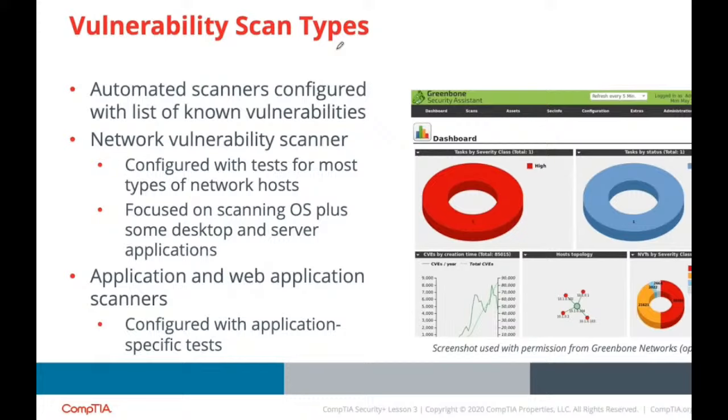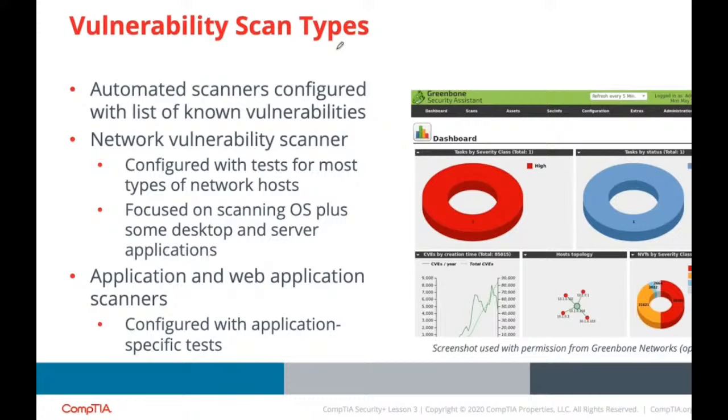Then the application and web application scanners. A dedicated web application scanner is configured with more detailed and specific scripts to test for known attacks, as well as scanning for missing patches and weak configuration. The best known class of application scanners are the web application scanners.